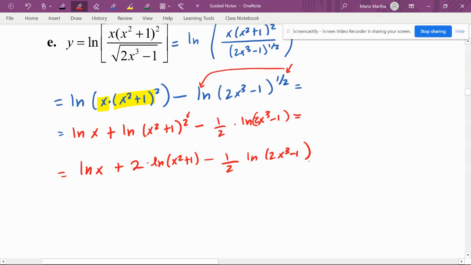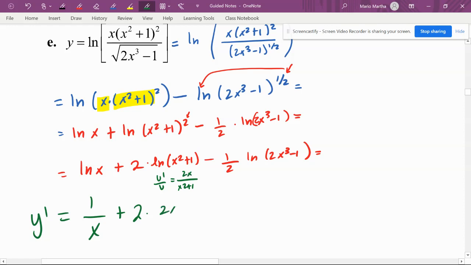All right. So here, we're going to now start taking the derivatives because now it becomes more like a sum and difference rule, right? So y prime equals the derivative of the natural log of x, which is just 1 over x, plus the constant 2. So this is 2 times u prime over u. From this one, that's going to be x squared plus 1 at the bottom. The derivative of that is just 2x.